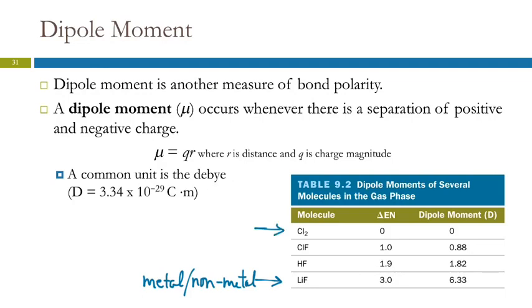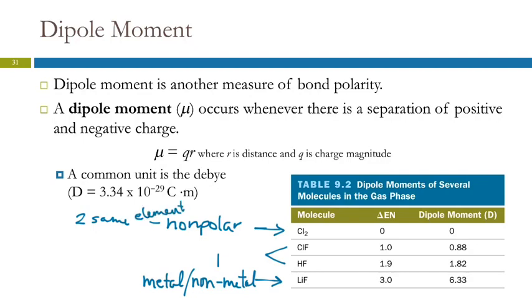This one is nonpolar. I know that because chlorine and chlorine, they're the same. If you have two identical elements, they're going to be nonpolar. Both of these I would expect you to tell me are polar. Because here what we've got is, well, this is two of the same element.